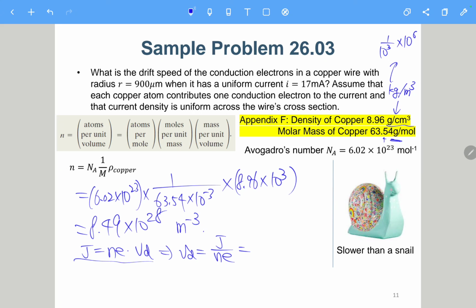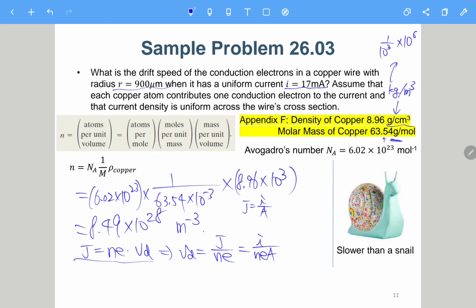So J is actually I times... or maybe I over A. J equals I over A. So it will be like I over nEA. A is the cross-section area because it is just a cylinder, and this is the radius. We can just calculate the cross-section area.